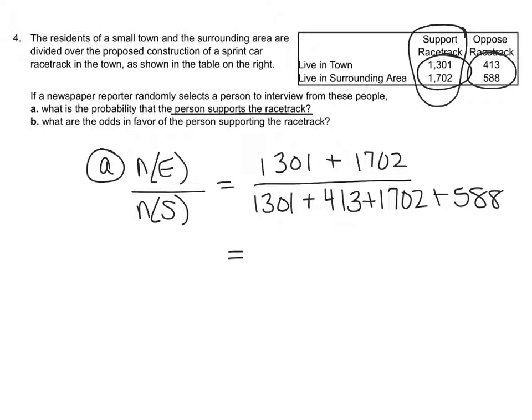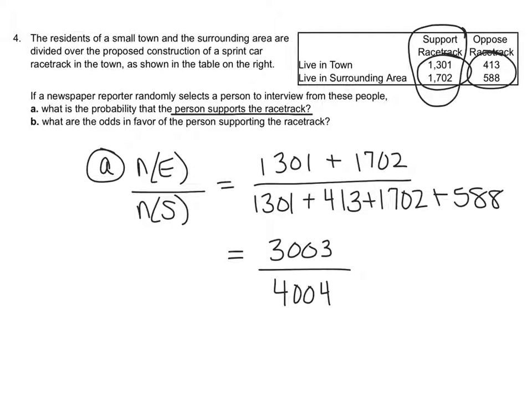If we add the numerators together, the 1,301 plus 1,702, we get 3,003. Then if we add the numbers in the denominator, we get 4,004.